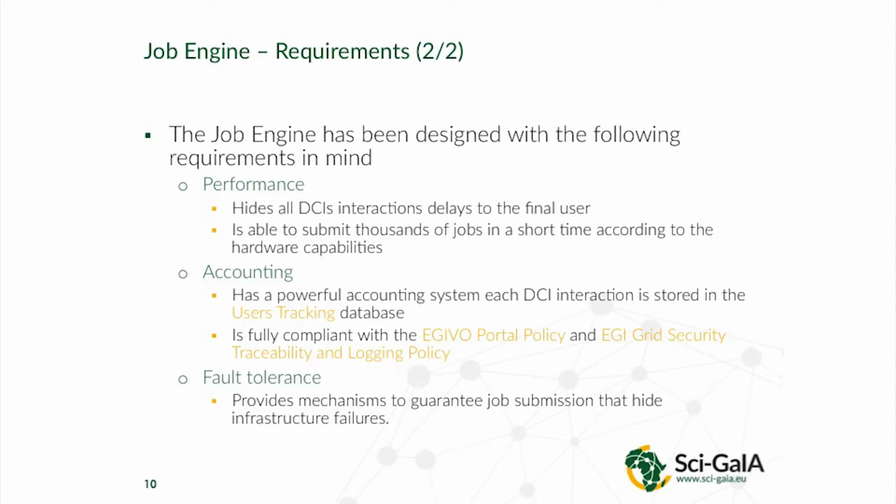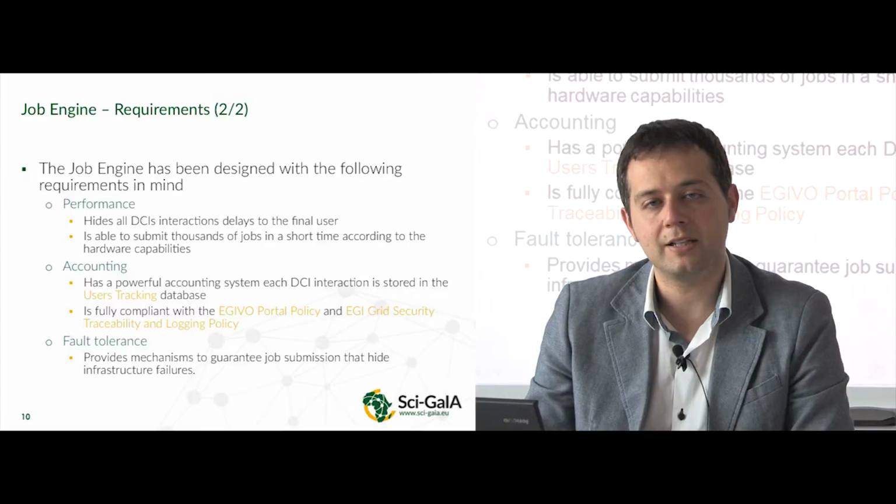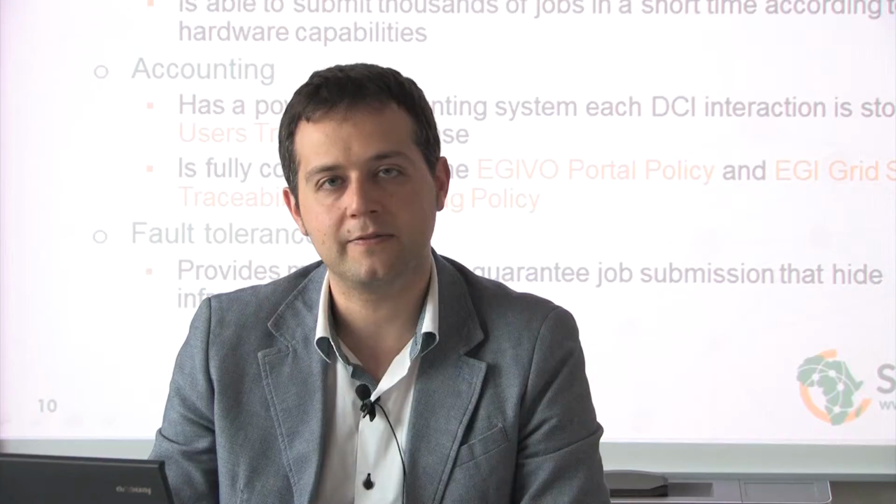Another important feature of the job engine is performance, because it is able to submit thousands of job submission requests toward DCIs. It also has a powerful accounting system fully compliant with AGVO portal policies, and it provides mechanisms to guarantee that a job is correctly submitted, hiding infrastructure failures.